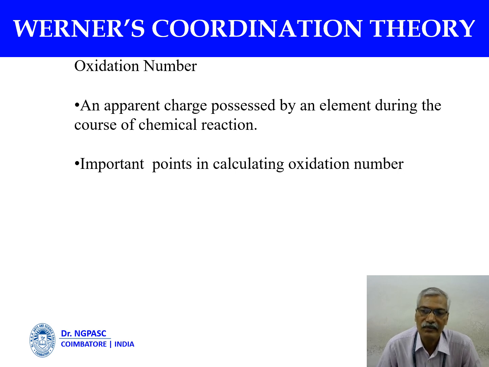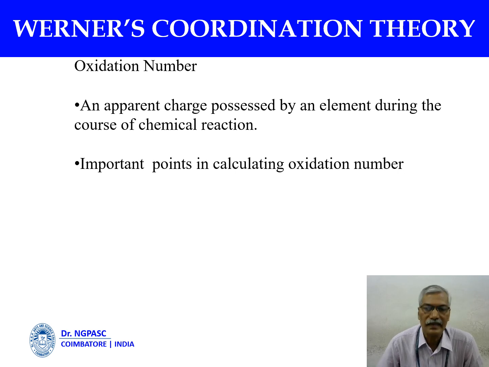In the same way, halogens always possess -1 charge, except in interhalogen compounds. Similarly, first group elements like lithium, sodium, potassium always possess +1 charge. In the same way, second group elements possess +2 charge. These are some of the basics we need to know to calculate the oxidation number of any element present in a compound.